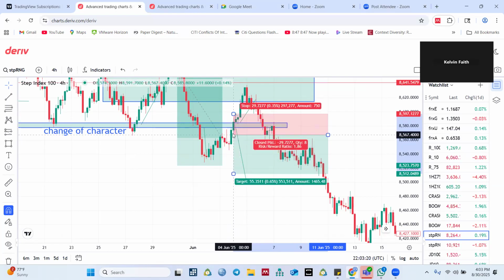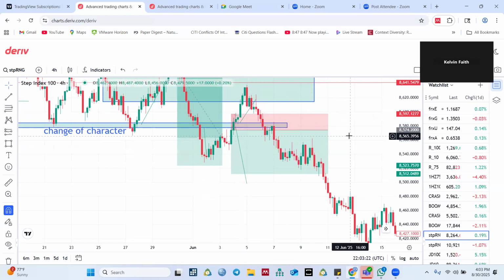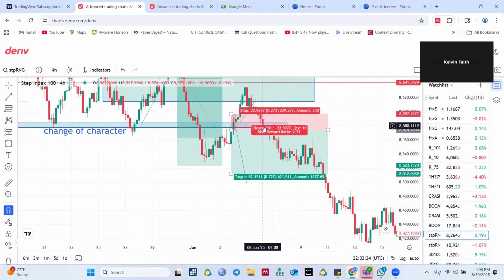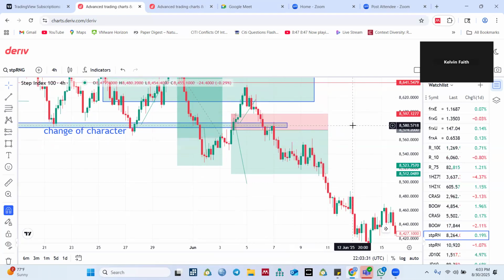Okay, exactly below, because we want to sell below. The moment price closed below that again, look what it did. It did a small retest inside that zone, and there was an engulfing candle pushing price to the downside. On that engulfing candle, that's your entry.